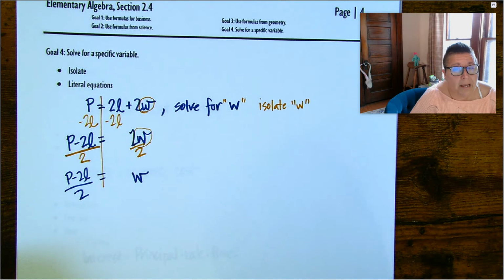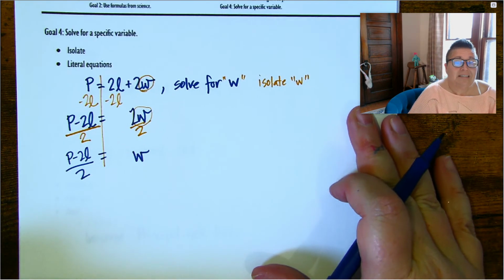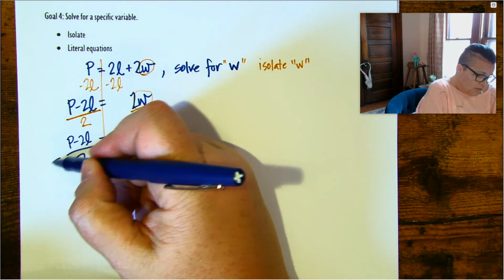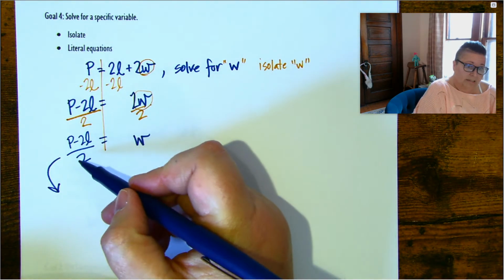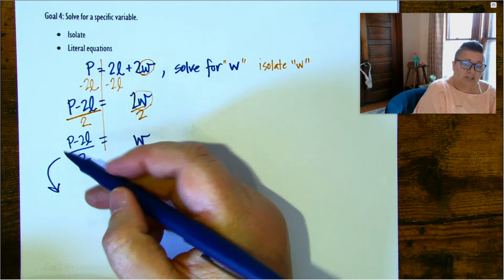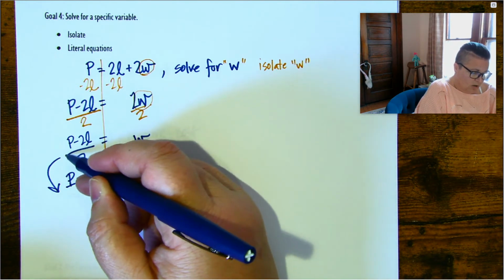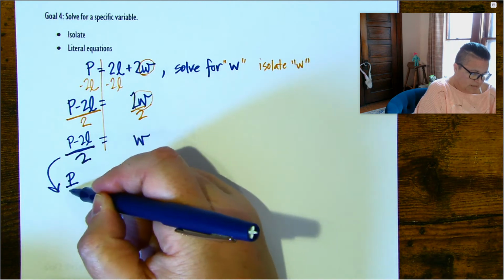Well, there is one thing I could do more. And sometimes you have to do it and sometimes you don't. But we do need to recognize that P minus 2L over 2 could be simplified.